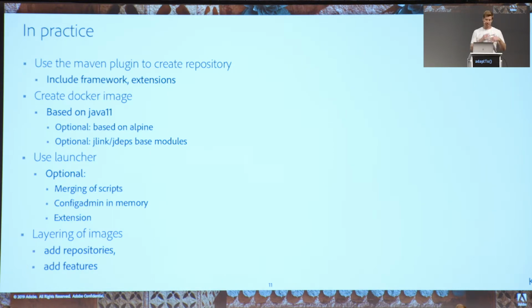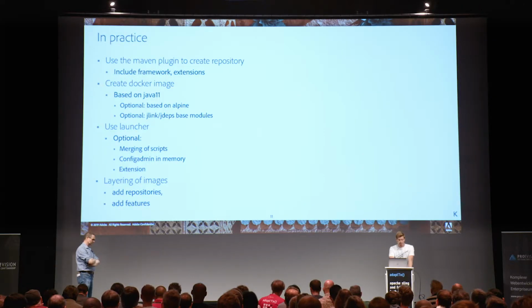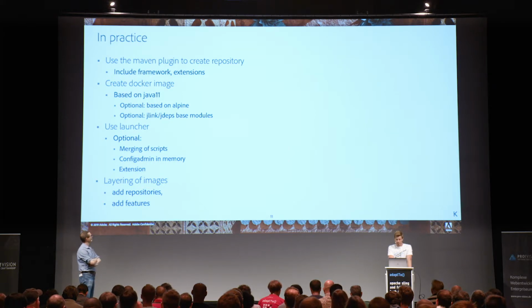You can jlink stuff because we just use the Java command to use the launcher to start the whole thing. Again, the launcher can be used to optionally merge features and has the config admin in memory and does the extension things. And then ultimately you can launch your Docker image, and that still works reasonably well with layering of Docker images too, because we don't only have the features that can be parallel, but you can also have the Docker images in a hierarchy.